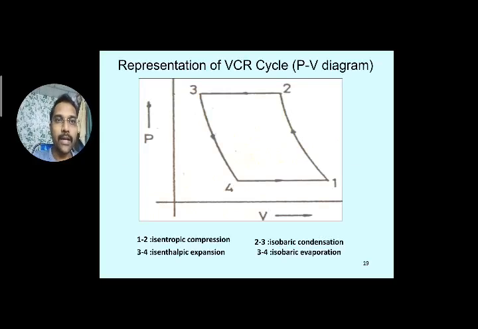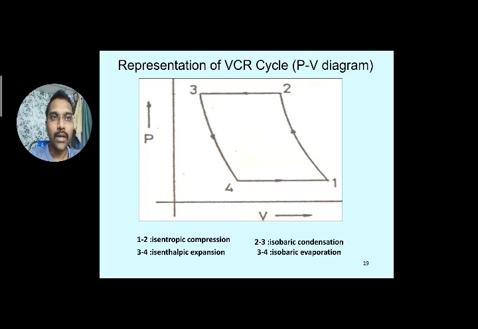So this is a PV diagram. You can observe the PV diagram here, and see the processes from 1 to 2, that is the isentropic compression process, which takes place in the compressor, and 2 to 3 is the isobaric condensation or constant pressure condensation process, which happens in the condenser.